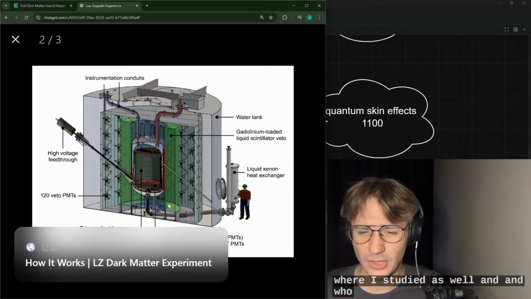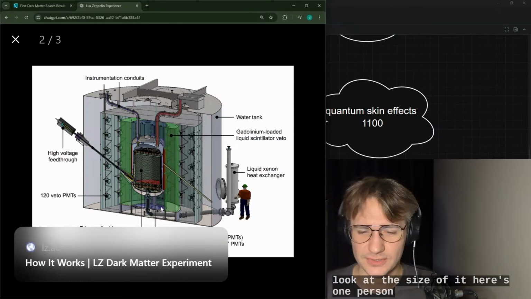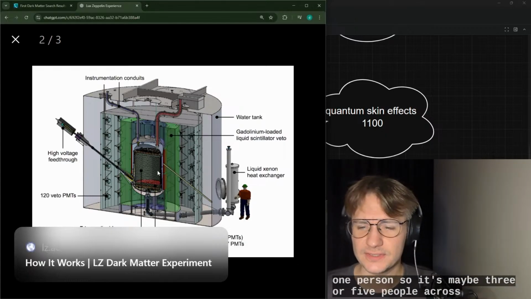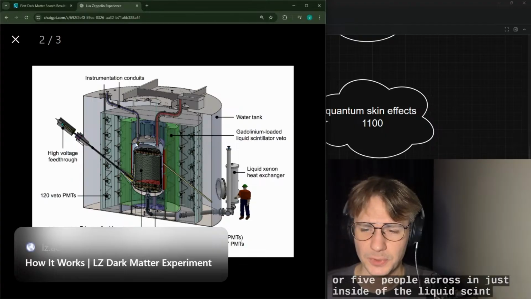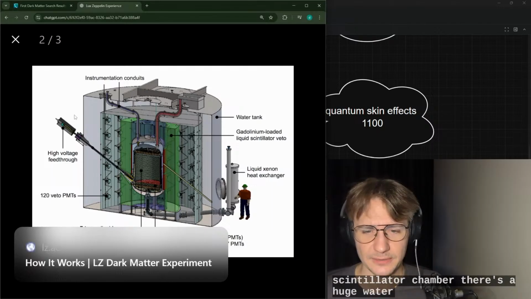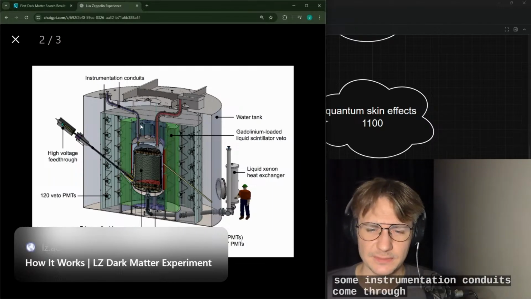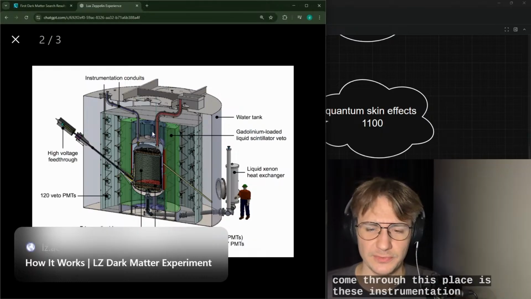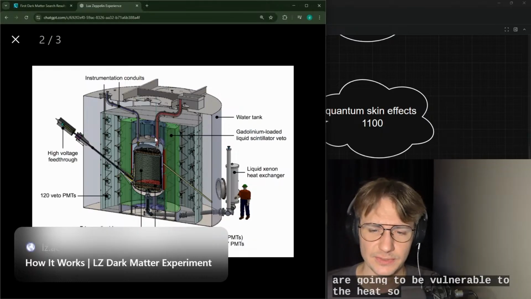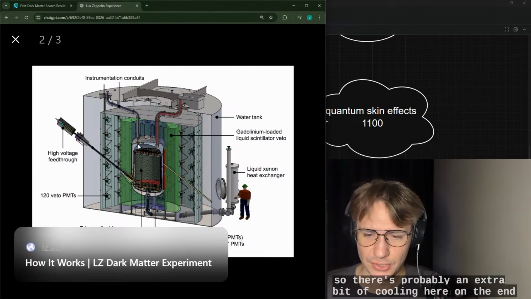Oh boy, there's a lot of material inside this experiment. Look at the size of it. Here's one person. So it's maybe 5 people across just inside of the liquid scintillator chamber. And then outside of the scintillator chamber, there's a huge water tank. Some instrumentation conduits come through. These instrumentation conduits are going to be vulnerable to the heat, so there's probably an extra bit of cooling here on the end cap at the top.